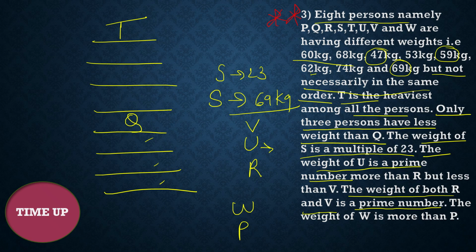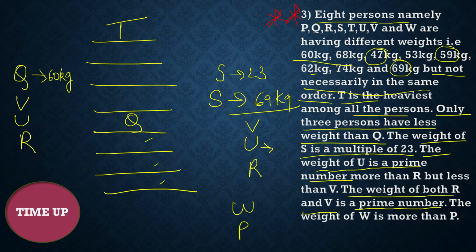Only 3 persons have less weight than Q, they have said. So think, Q is here, V is here, and U and R; all three, V, U, R, are having a prime number as their weight. But they have said that only 3 persons have less weight than Q. So if I take Q as 60 kg, suppose, then what are the prime numbers?